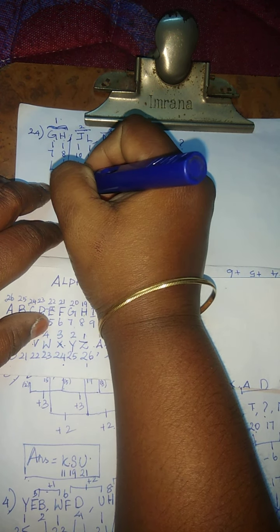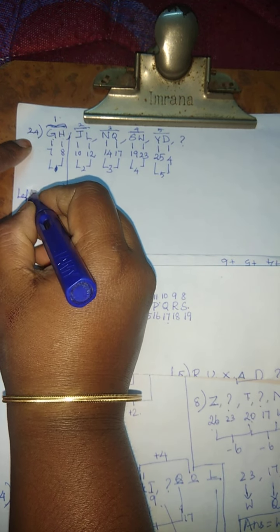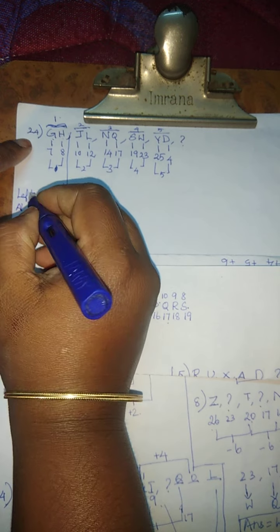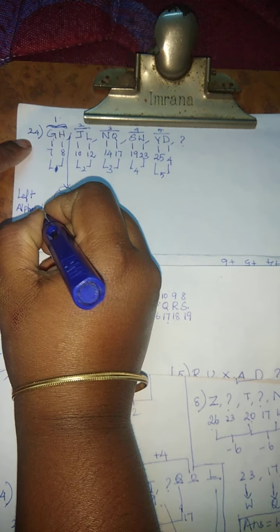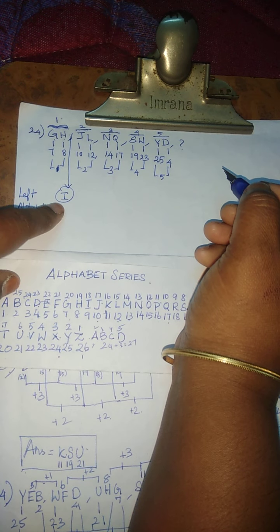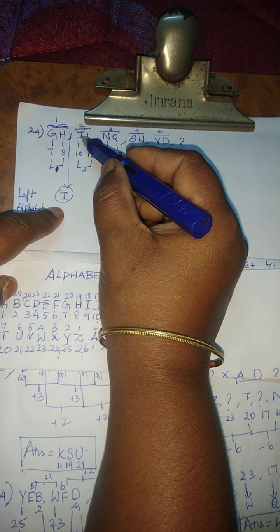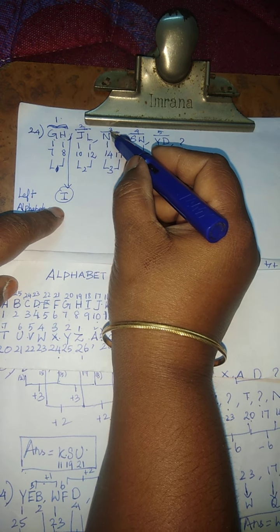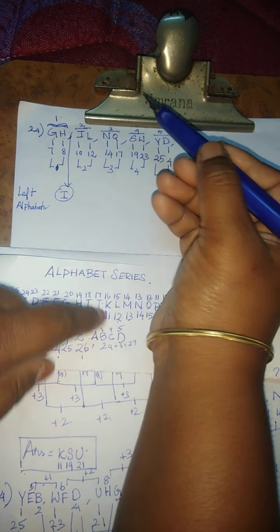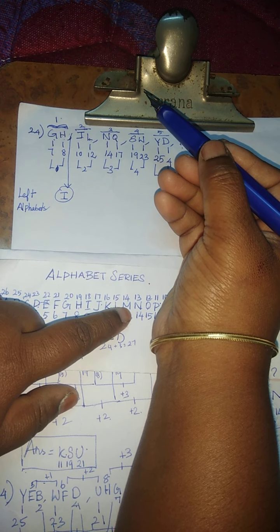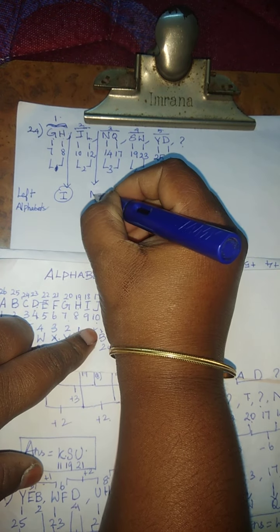They leave the alphabet I. Then between 2 and 3, 2 is J, L, and 3 is N and Q. Between 2 and 3, they leave M.